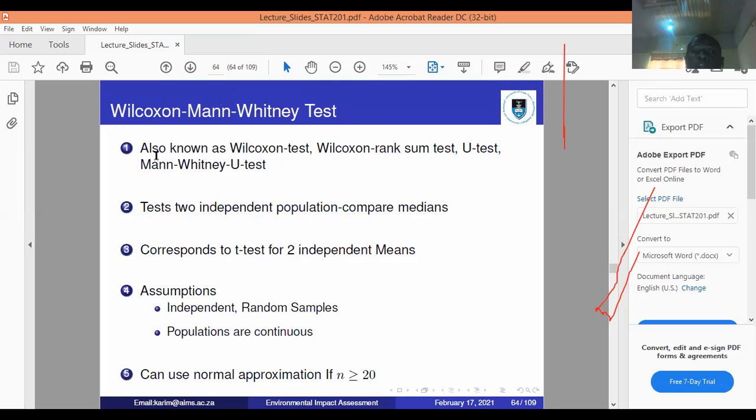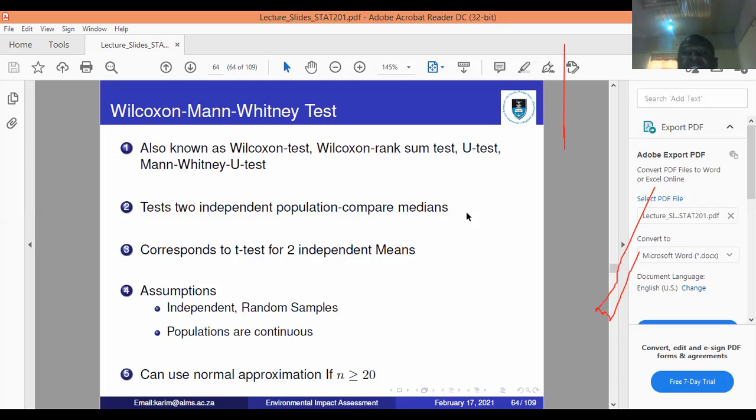Now, what do we use this for? We use this to test two independent populations and compare their medians. For instance, you want to study the population density of a particular species in an environment. When there was no project going on, what was the population density of the species? Now, the project is ongoing.